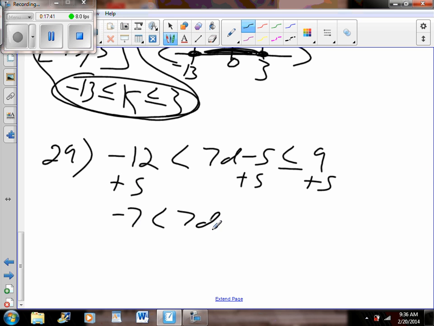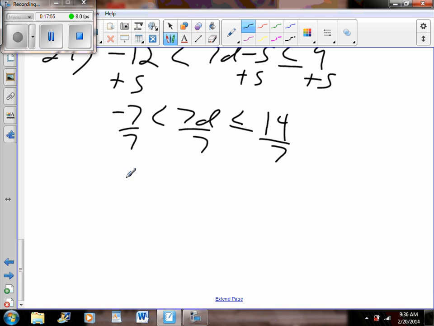So I've got 7d in the middle, less than or equal to 9 plus 5, which is 14. Now let's divide by 7 all 3 parts. Negative 1 less than d less than or equal to 2.